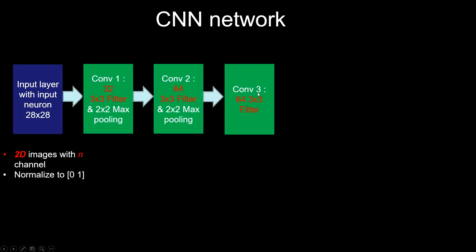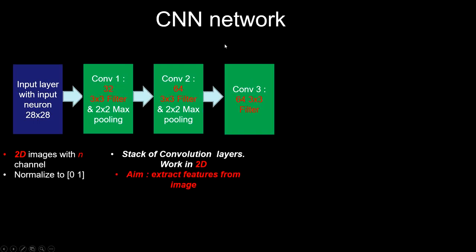And then for the final layer of the convolutional model, we have 64 filters, in which the size of the filter will be 3 by 3. So we stack everything here. The convolution layer will work in 2D, because we fed the image in 2D, so it will process things directly in 2 dimensions. The aim of these 3 layers is to enhance or extract the local features.